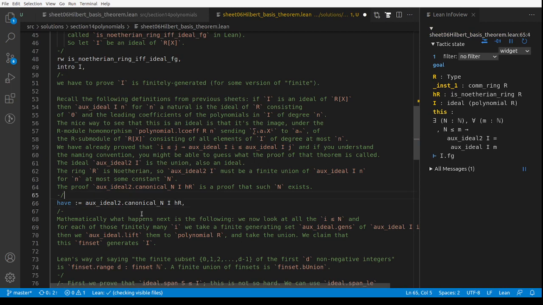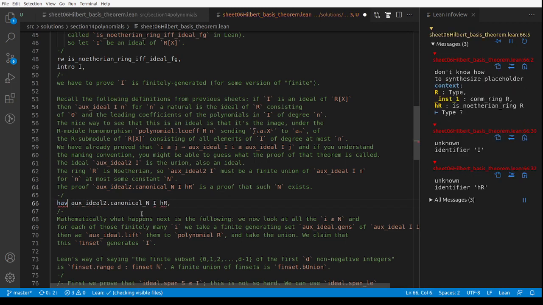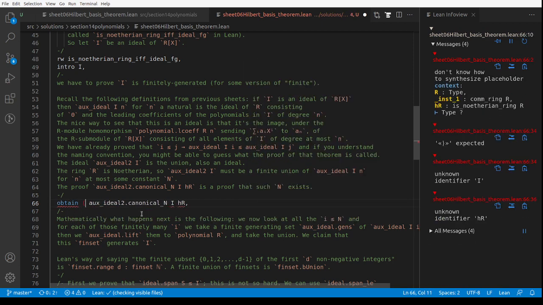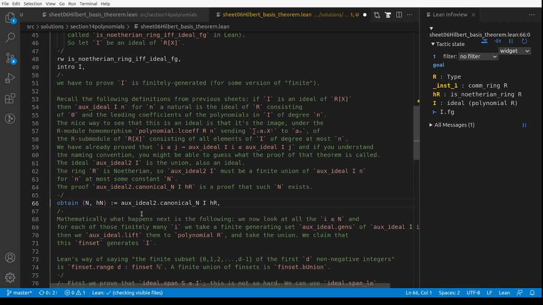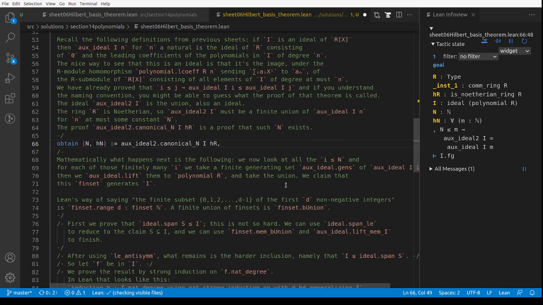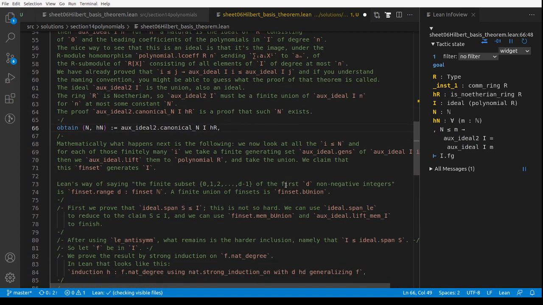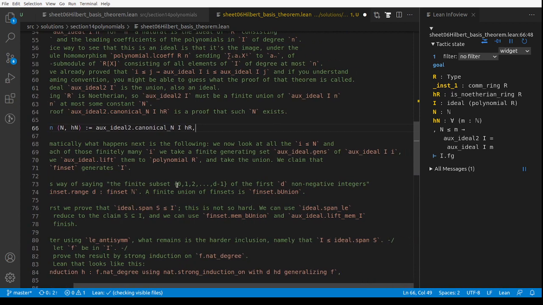This says there exists an n, so I think I want to obtain N, HN can be this. So I mean, this ideal is some ideal of R, and this ideal too is some other ideal of R. And these ideals are increasing, and HN says that they stop increasing by the point capital N. So now what?